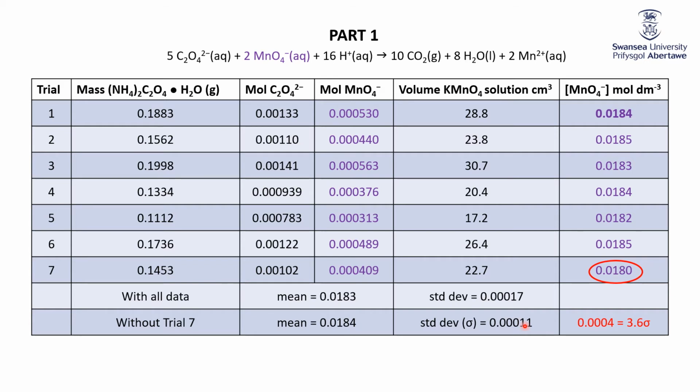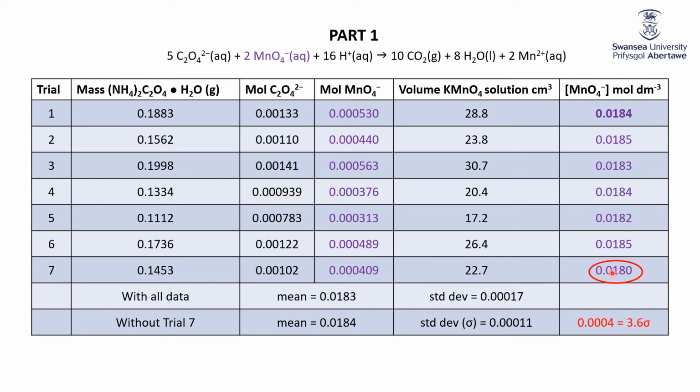Now the test that I use is that if a piece of data is further away from the mean by more than 3 standard deviations, when you don't count it in there, then it's too far out of whack. Now standard deviation, I don't know whether you know the formula for that or not, but I'm not going to go through that here, but you can punch it in your calculators, you can punch it in Excel quite easily and so on.